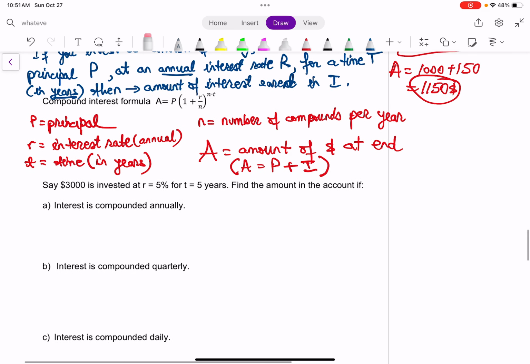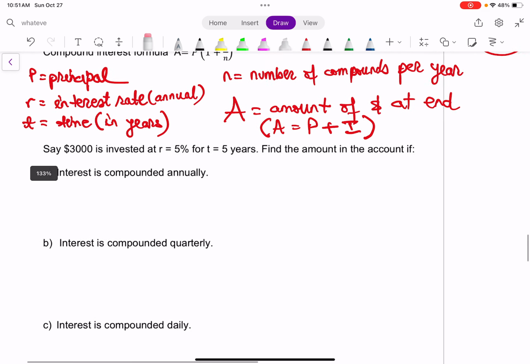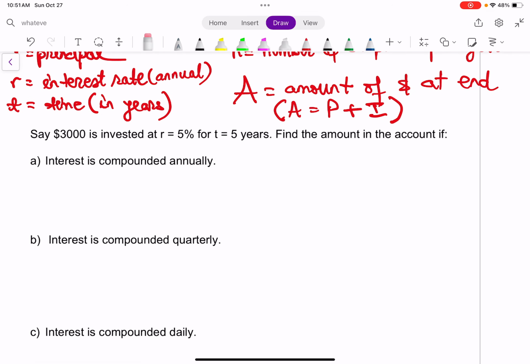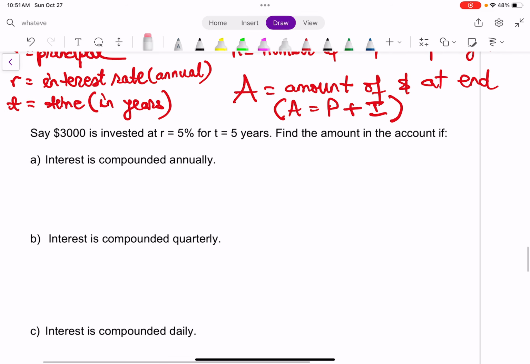So let's see what that N really means. Let's say $3,000 is invested at an interest rate of 5% for 5 years. And again, this 3,000 is your principal. Find the amount in the account if interest is compounded annually.